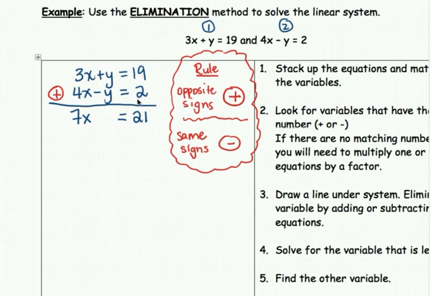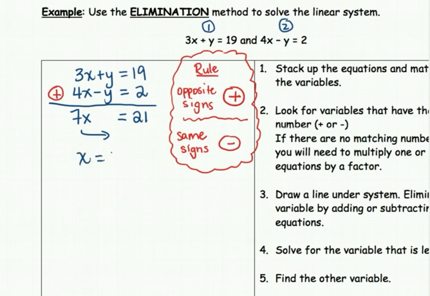You stack them up, you make a decision if you're going to add or subtract them. And then if you look here, it really quickly goes right to finding one of the values of the solution, in this case x. So we have the 7 here, so I'm just going to boot that over.